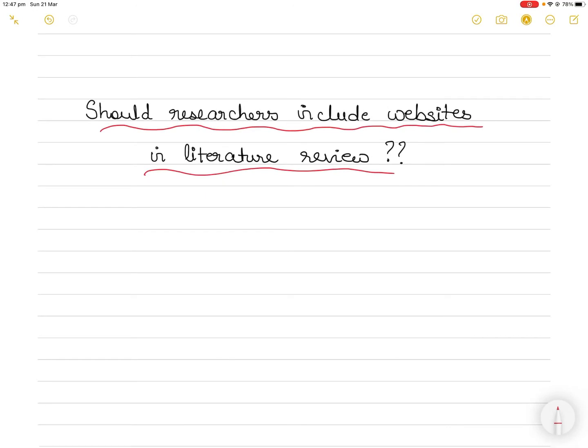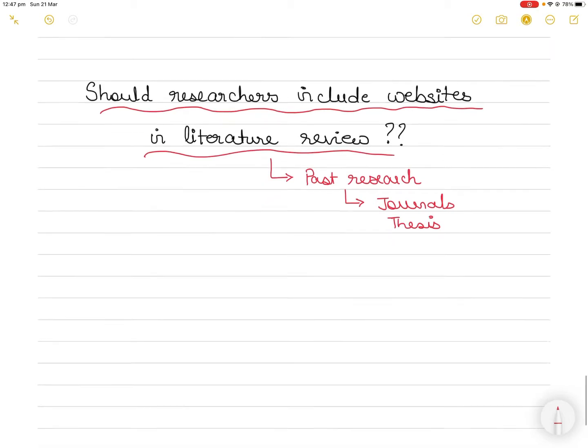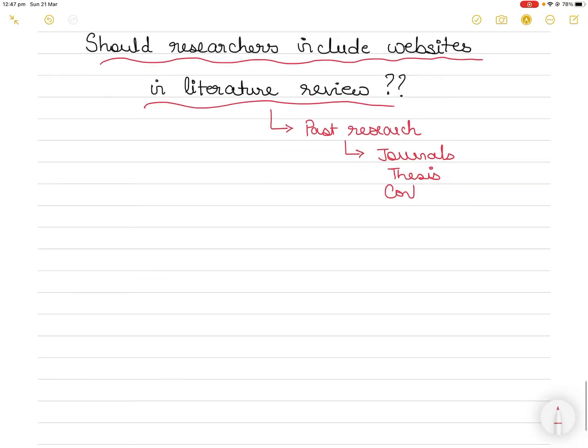So normally what we do in literature review is we include what we call past research, right? We review the past research, and when we say past research, we normally include journal papers, past theses, that could be an honors thesis, bachelor's thesis, master's, or a PhD thesis. We include conference papers, right?